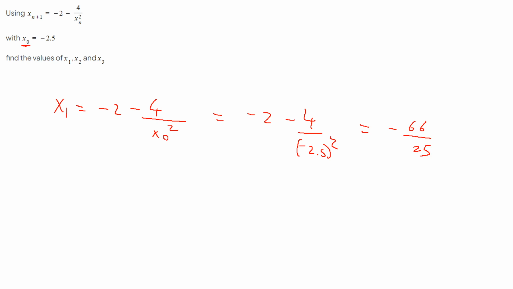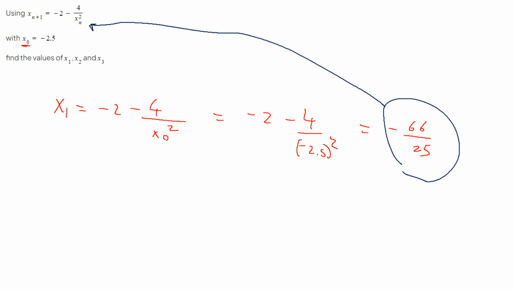And so now for x2, all we're going to do is we're going to have this value here, and we're going to sub it in for xn. So then x2 is simply going to be minus 2 minus 4 over x1 all squared.